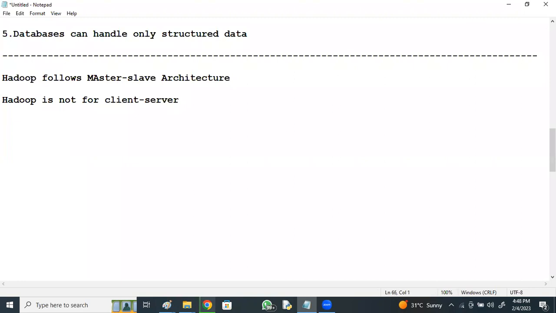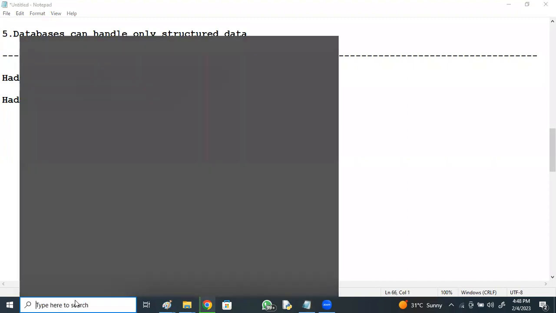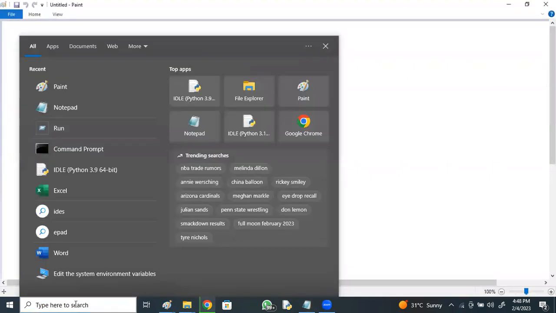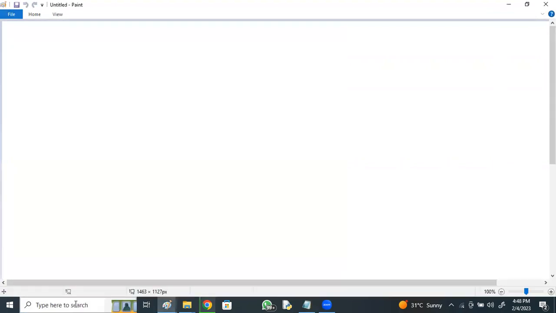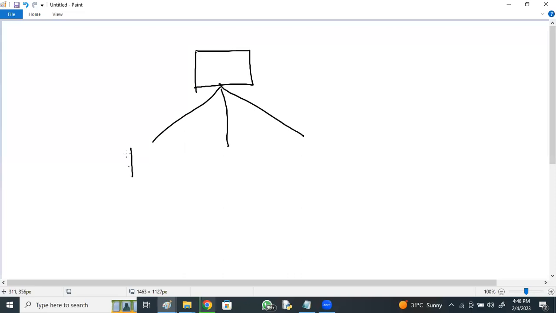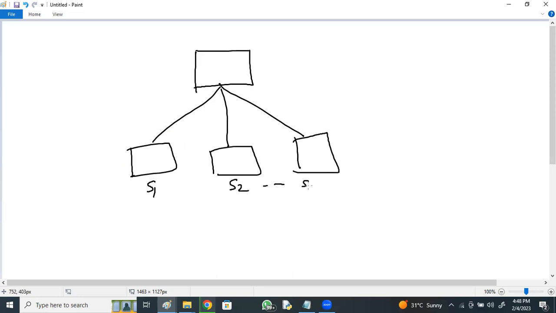Observe this: Hadoop has a single master and multiple slave nodes. S1, S2, and so on up to Sn. Slave 1, slave 2, up to slave n.